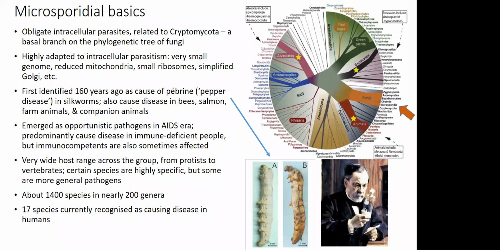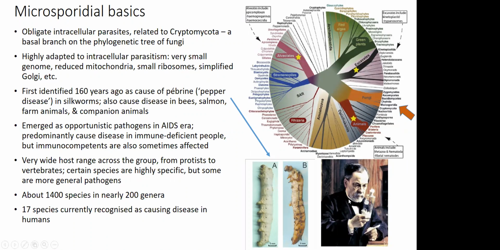So they were first identified 160 years ago, 1865, as the cause of a disease of silkworms called pébrine, which means pepper disease in French. And if you look on the bottom right here, you can see a healthy silkworm and a silkworm with the disease.